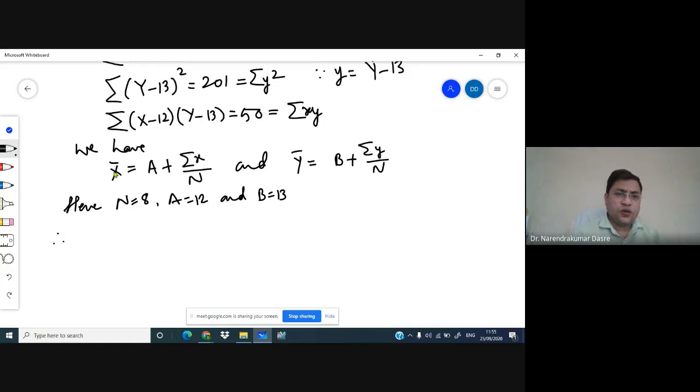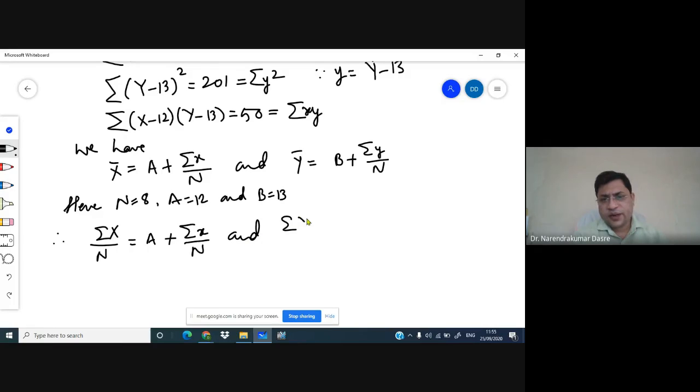So x bar is summation x upon n, which is a plus summation small x upon n, and y bar is b plus summation y upon n.